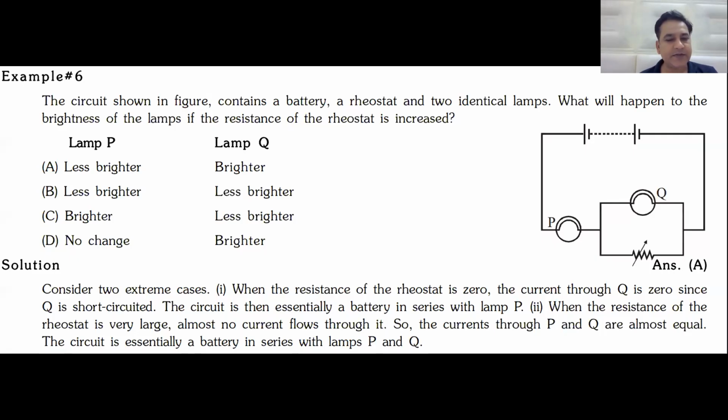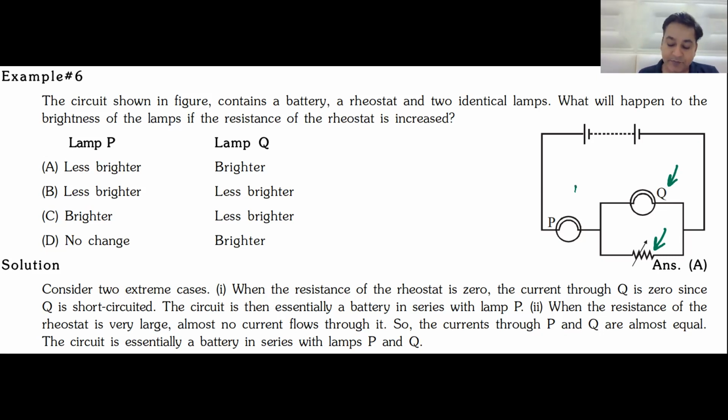Remember, whenever you come across such a question where you have a variable resistor and they change the resistance of that resistor, think about the extreme cases. What do you mean by extreme case? If this is a rheostat whose resistance can be changed, if I make the resistance of this wire 0, no current will pass through this. Yes or no?